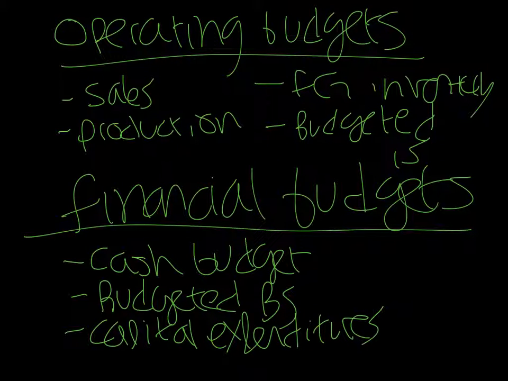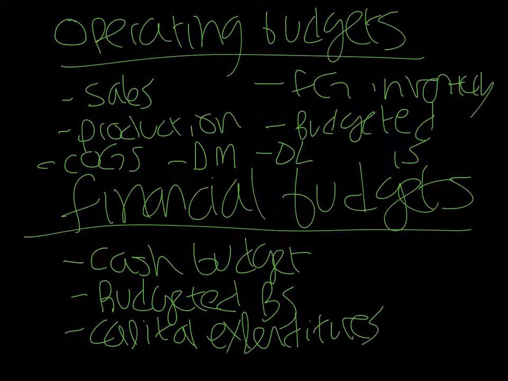Notably in the operating budget, there's the cost of goods sold budget, the direct materials budget, the direct labor budget, the overhead budget, and last but not least, the selling and administrative expenses budget.